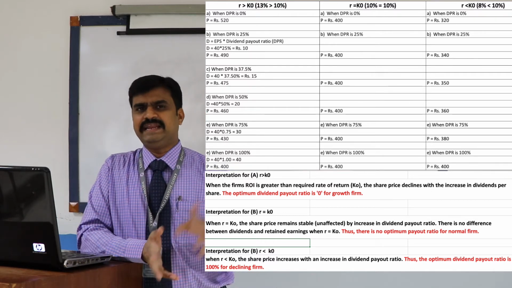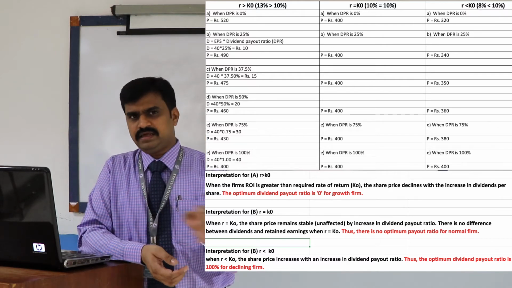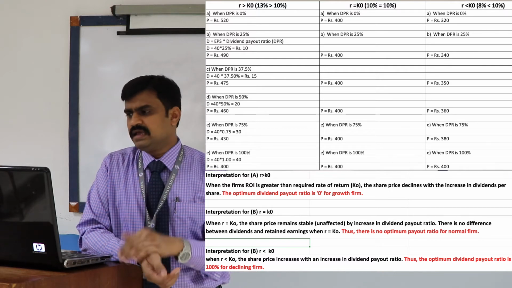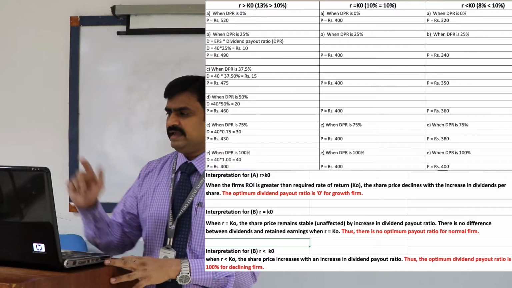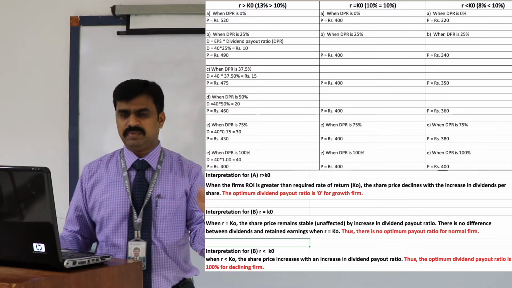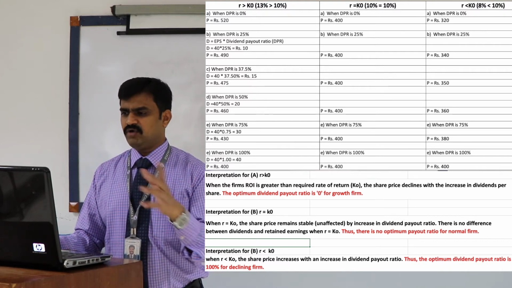Now we'll go to the declining case, where the return on investment of the company is decreasing but the cost is increasing. That means my R is lesser than K naught. So in the third scenario, R is 8% and K naught is 10%. When DPR is 0%, the share price is 320. Then DPR is 25, it is 340.